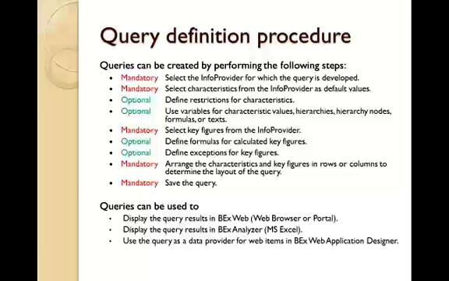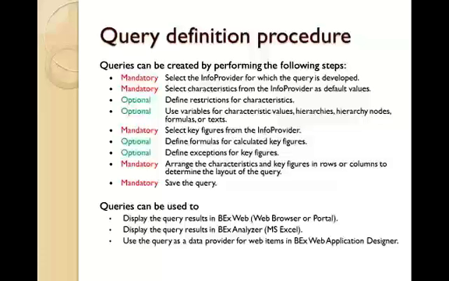This is, by the way, very similar to a pivot table in Microsoft Excel, for those of you who have used that before. We just drag and drop characteristics and key figures into rows and columns. And finally, you save the query, and then you can execute it after that.